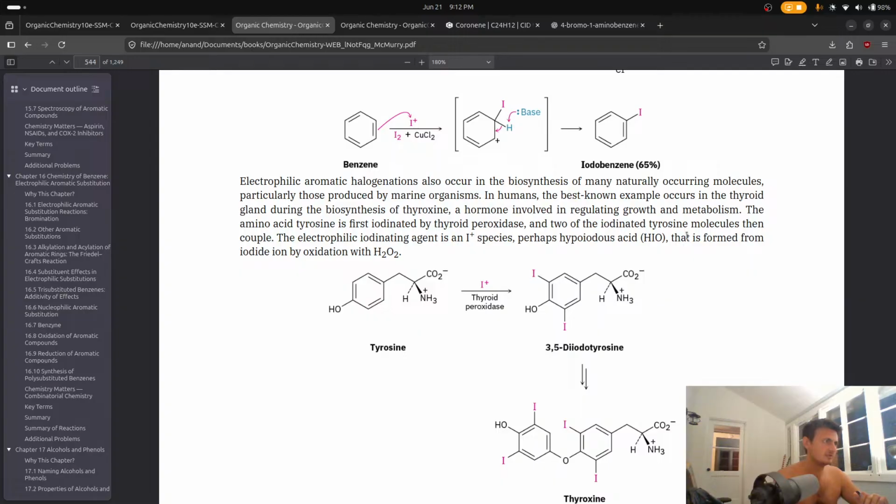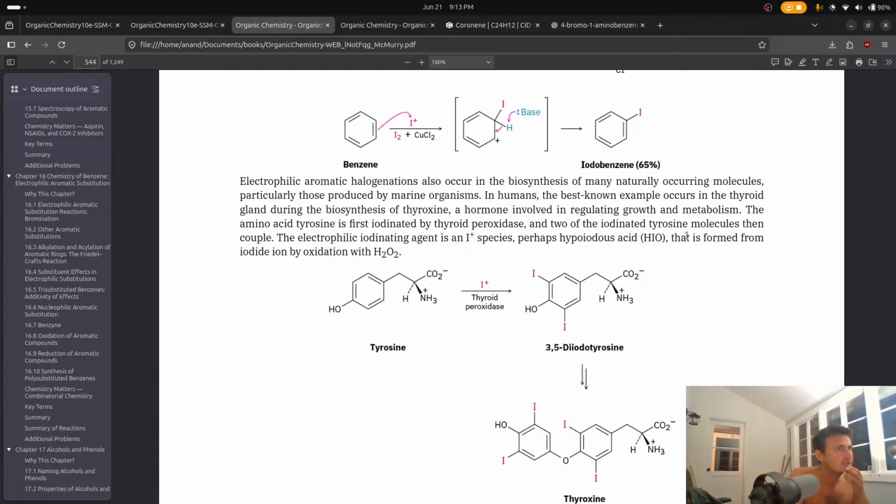The amino acid tyrosine is first iodinated by thyroid peroxidase, and two of the iodinated tyrosine molecules then couple. The electrophilic iodinating agent is an I+ species, perhaps hypoiodous acid.